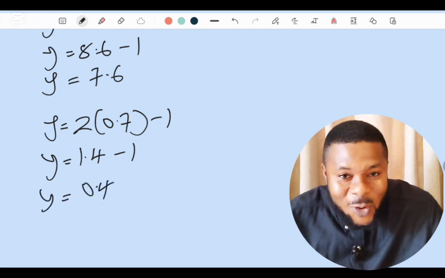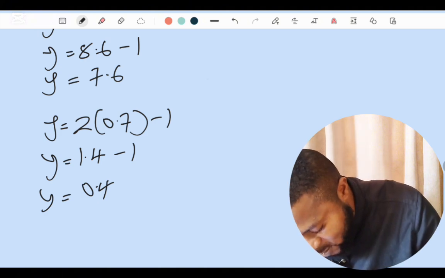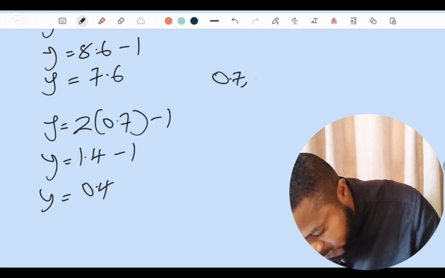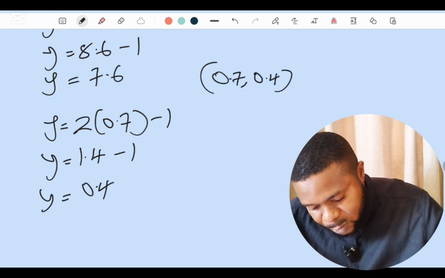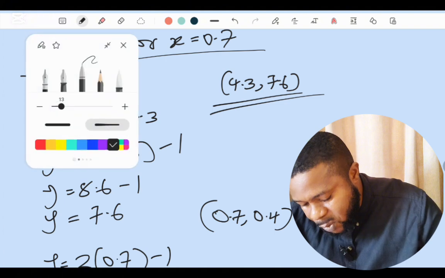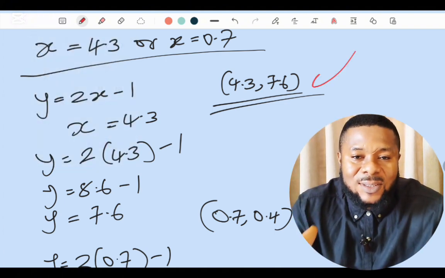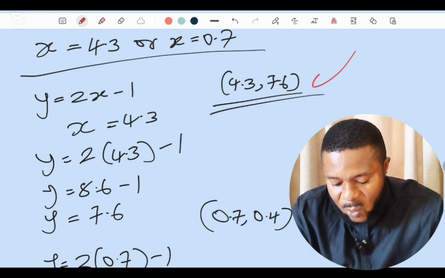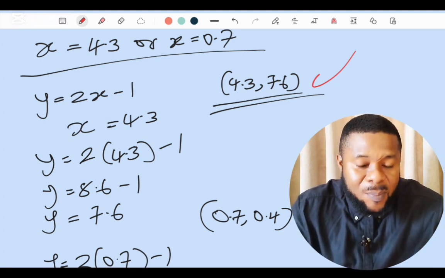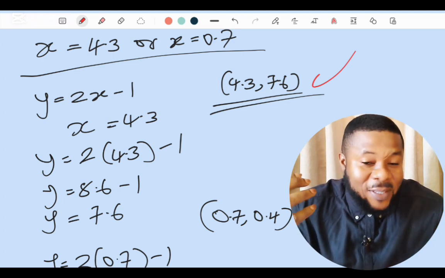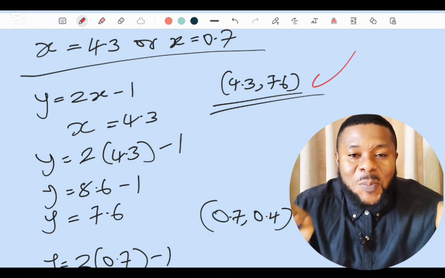So for the second coordinate, we have 0.7 comma 0.4. Now these are the two coordinates where both equations will meet. Both lines will intersect each other at these coordinates, 4.3 comma 7.6 and 0.7 comma 0.4.